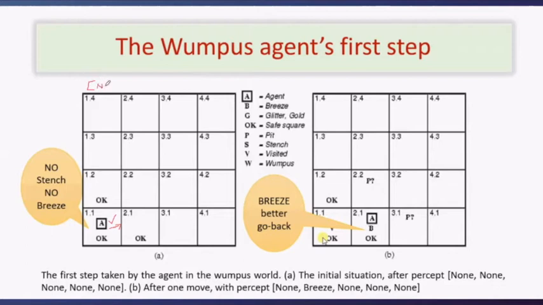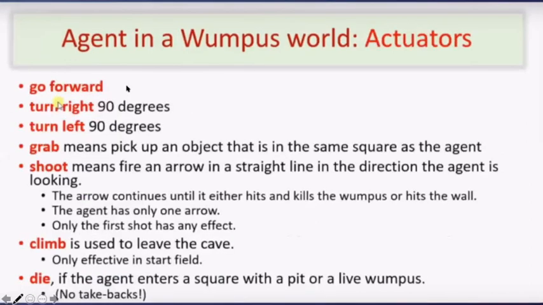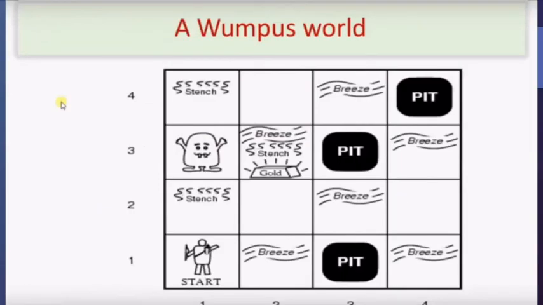We don't have any stench. Why is there no stench? If you see this diagram, because the agent is here, and there is no Wumpus in its adjacent, means no Wumpus in its horizontal or in its vertical direction. So definitely what sense will the agent have? Agent will have no sense of stench.